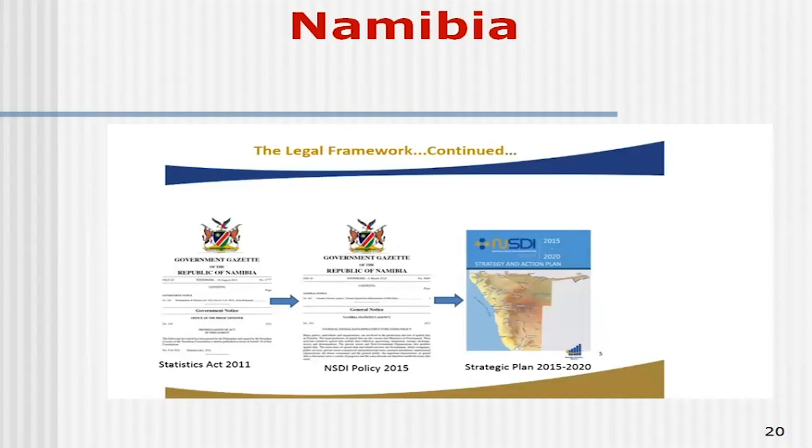The institutional arrangements in Namibia are very interesting to examine, because it's one of the countries where the Secretariat of the NSDI is within the National Statistical Institution, not the mapping agency.